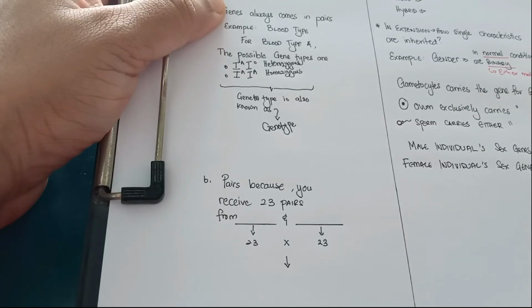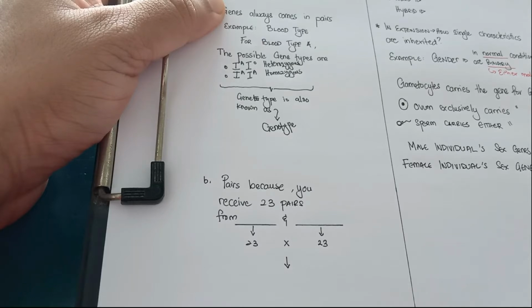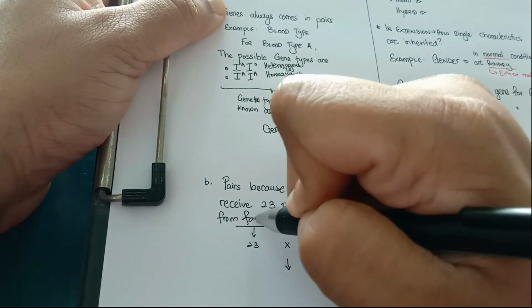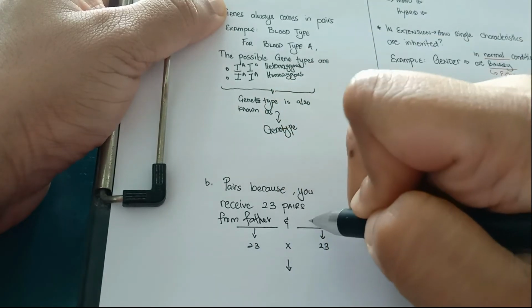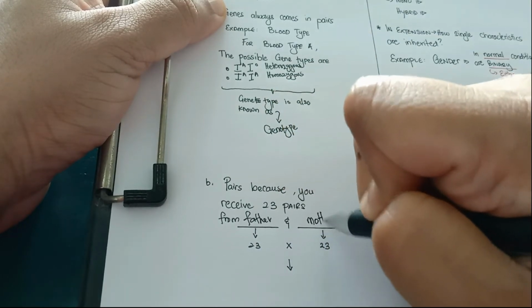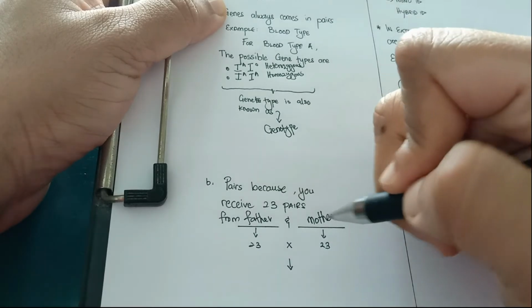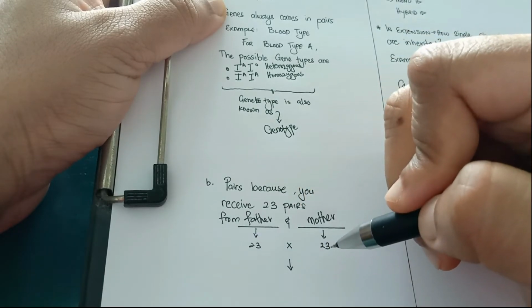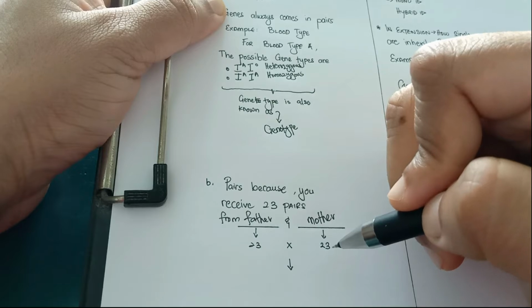Genes always come in pairs because you receive 23 pairs in total as a human being. You'll receive 23 from your father and 23 from your mother. These genotypes are actually haploid, because gametocytes only have the haploid form of your genetic material.